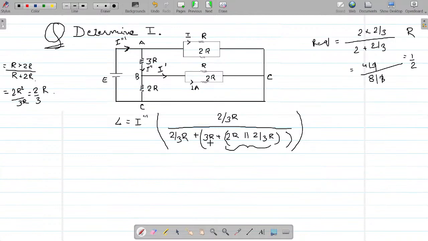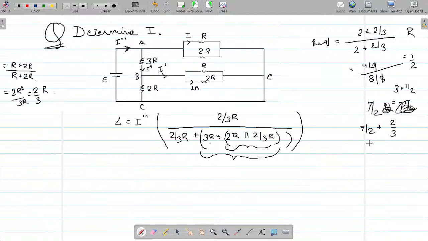Right? Plus 3. 1 by 2 plus 3 is 3 1 by 2. That would be what? 7 1 by 2. 7 by 2, sorry. This would be what? 7 by 2. So I will replace this entire thing by what? 7 by 2. Right? Now 7 by 2 plus 2 by 3.